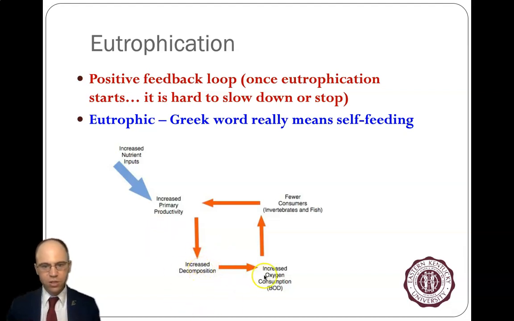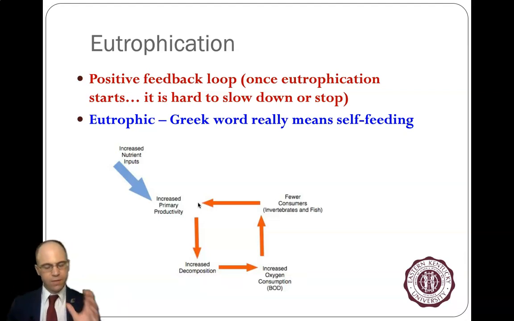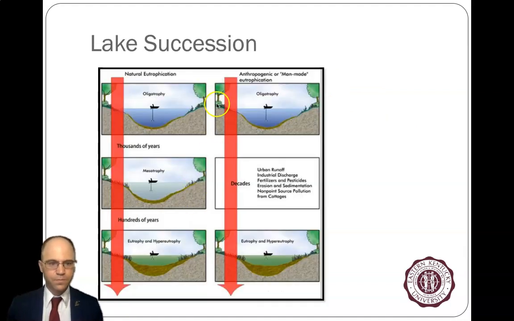As more decomposition occurs, there's more demand for oxygen. As there's more demand for oxygen, we start to get to the point where there's less invertebrates and fish. So suddenly things stop eating the plant algae, and then even the blue-green algae can start to take over. And as the algae mats start sinking to the bottom, they grow, they sink to the bottom. It just becomes a vicious cycle.